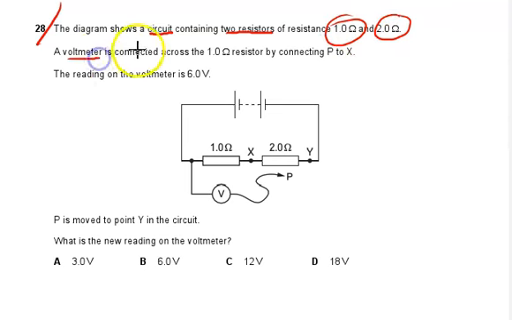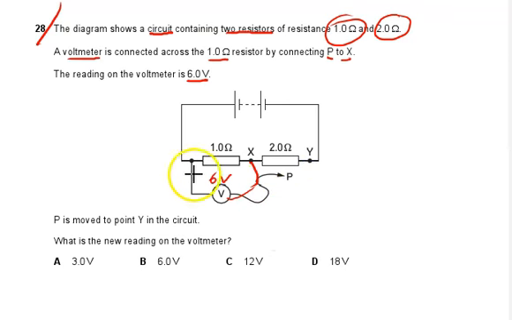A voltmeter is connected across the 1 ohm resistor, by connecting P to X, and the reading of the voltmeter is 6. So when they are connected here, this is 6 volts. Then the voltmeter is moved to point Y.